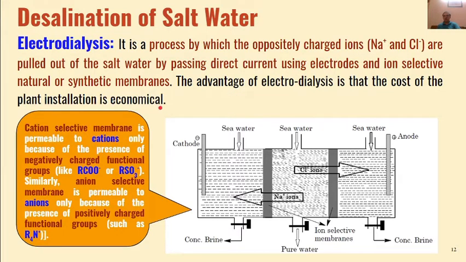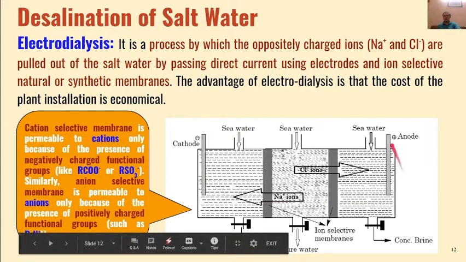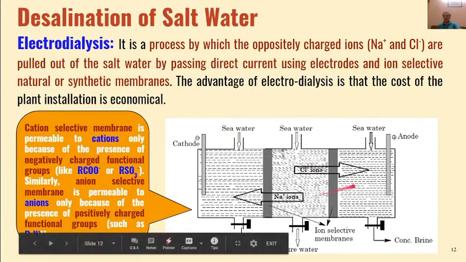Here, when current is passed through electrodes, this is the cathode, this is the anode at the other end of the water. Anode we know is positively charged and this is negatively charged. That means this will attract cations, and this will attract anions towards itself.